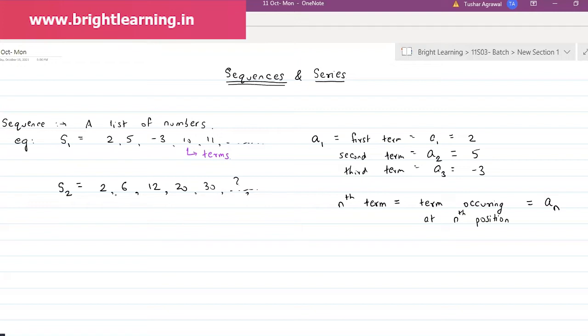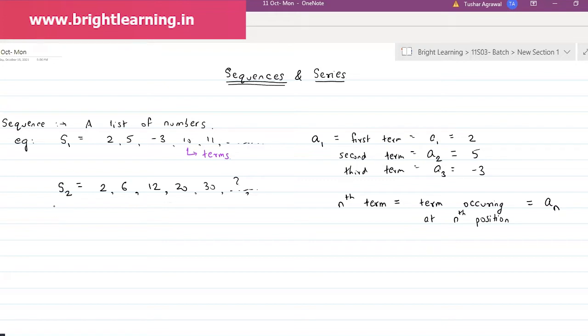There is no general rule that the pattern the first 5 terms follow, the 6th and 7th terms should also follow. So what is the best way to convey that the same rule is followed throughout the sequence for any number of terms? I should convey that message properly. So S2 is not a proper way of conveying the message.